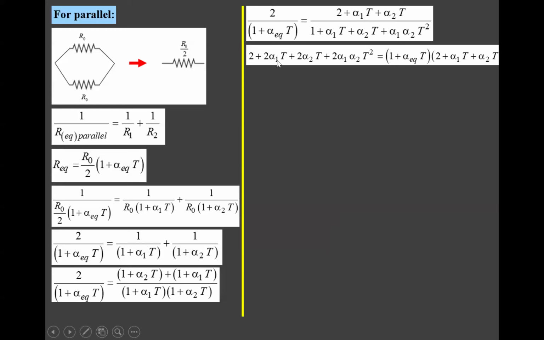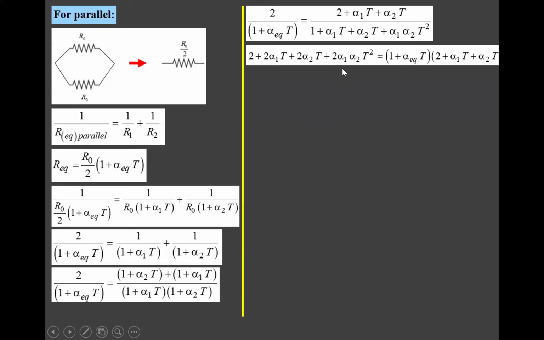Now the cross product gives 2 plus 2 alpha 1 T plus 2 alpha 2 T plus 2 alpha 1 alpha 2 T square on one side, and on the right hand side, (1 plus alpha equivalent T) into (2 plus alpha 1 T plus alpha 2 T).